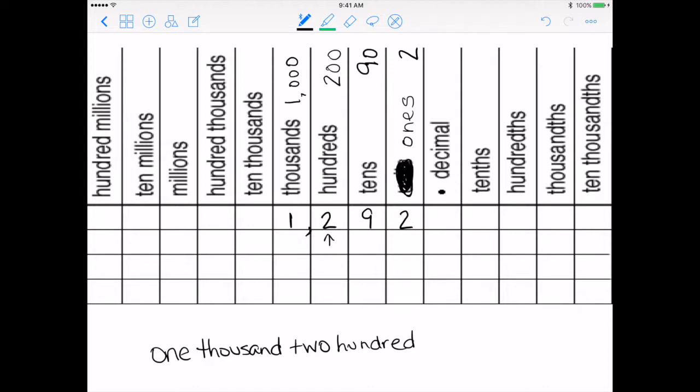The next part of our word is going to be focused on the 9 that's in the tens place. Well, if you have 9 tens, you have 90. So you're going to write the word 90, N-I-N-E-T-Y. But then you also have to come over and recognize that you have a 2 in the ones place. So you don't just have 90, but you have 92.